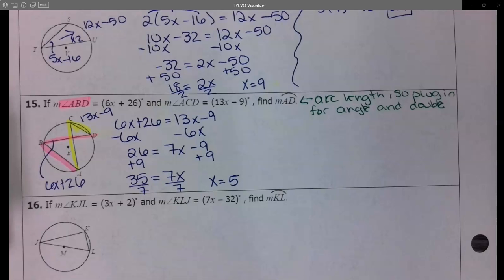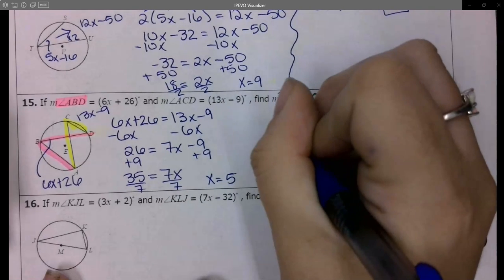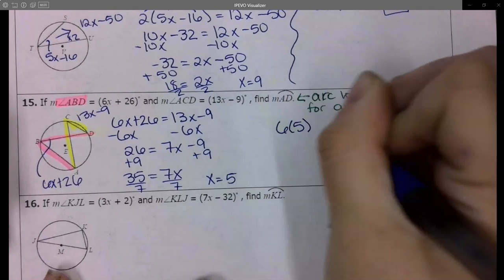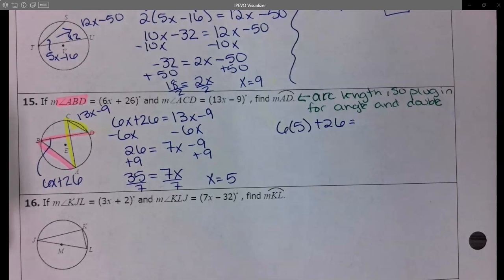It doesn't matter which angle I plug into. I just need to plug into one of them because they are the same. So I am just going to pick the 6x because it came first. So I'm going to have 6 times 5 plus 26.